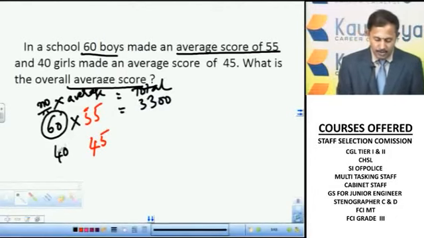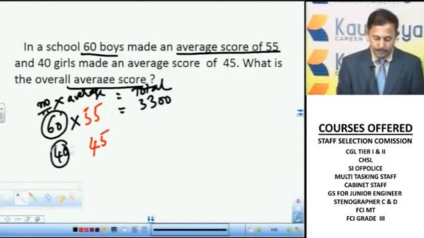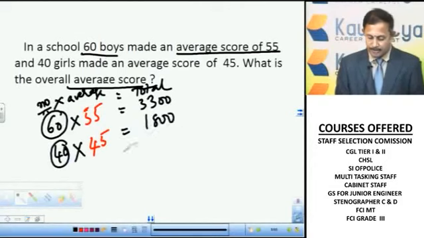Next, there are 40 girls and their average score is 45. Number into average gives 1800. This is the total mark obtained by girls.